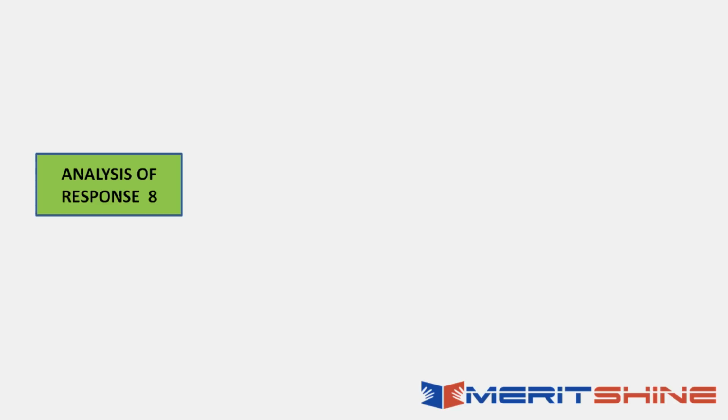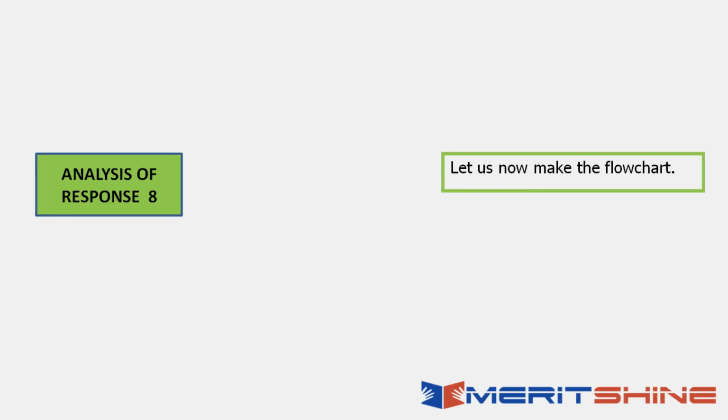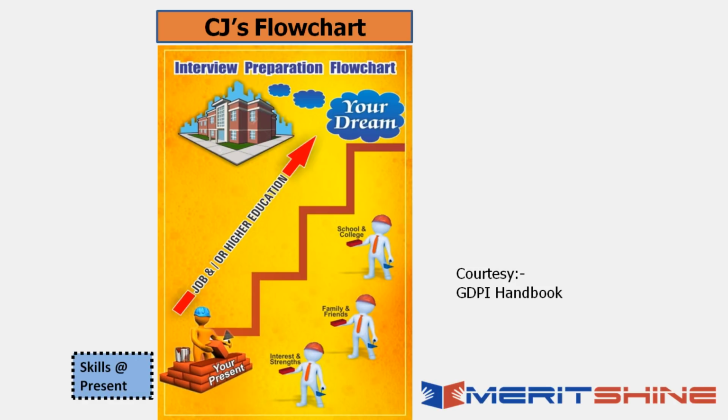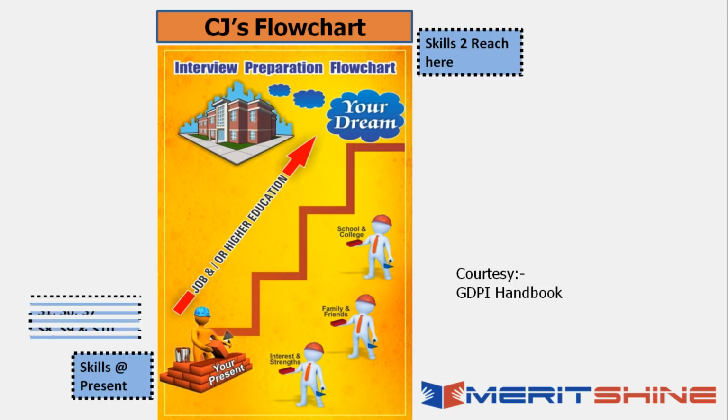So now let's analyze Response 8, and we will do that by completing CJ's flowchart. So let's start off with CJ's flowchart. CJ's skills at present are at the left bottom corner, and the skills to reach are at the topmost right corner. The skills that she has now are S1, S6, S7, S8, S9 and S10.